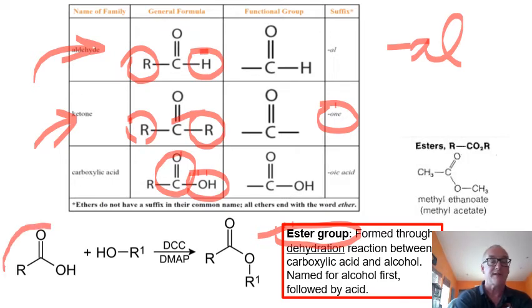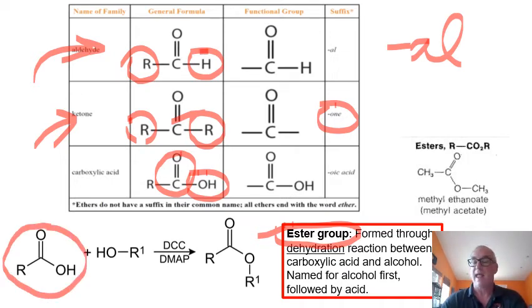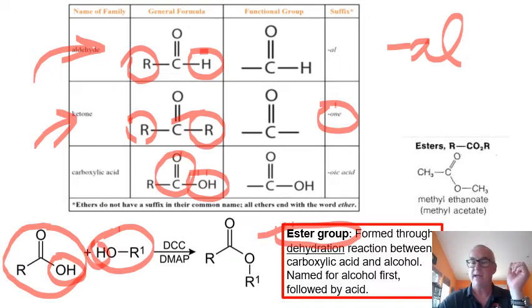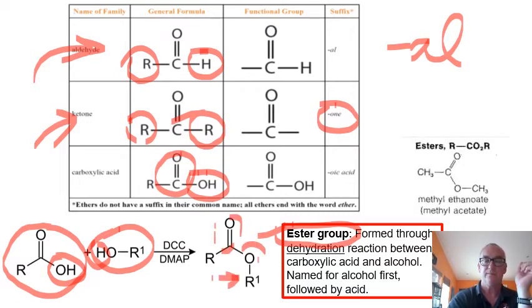You have a carboxylic acid, and then you react that with an alcohol, and so you release the OH from the carboxylic acid and the proton from the alcohol, and you make this particular bond. So you have a carbonyl group, an oxygen, and then the alcohol.